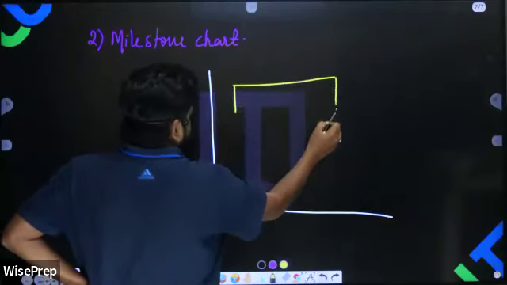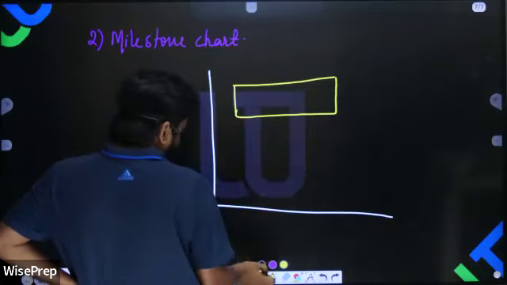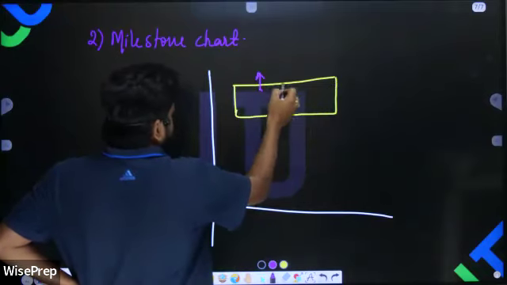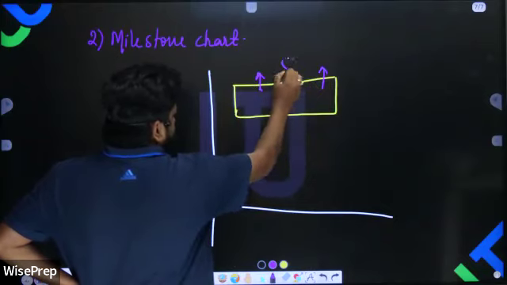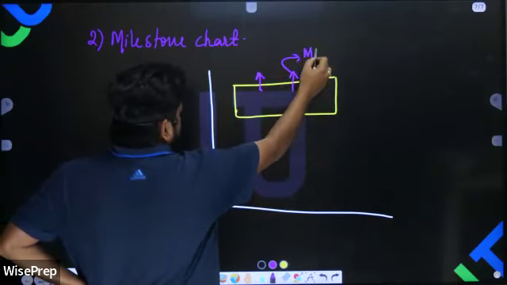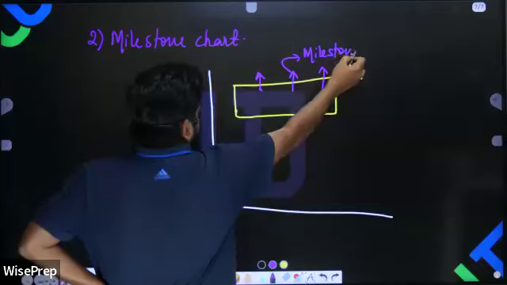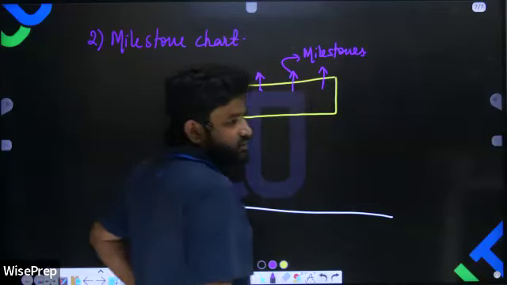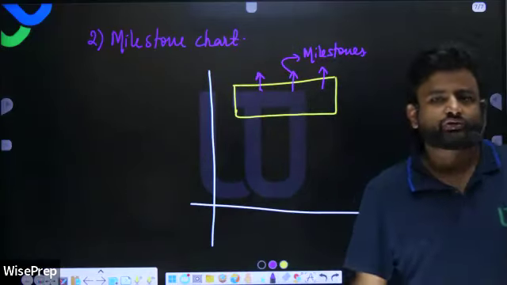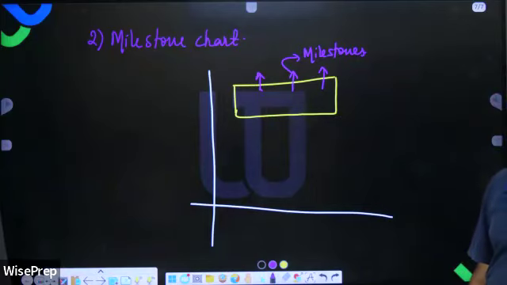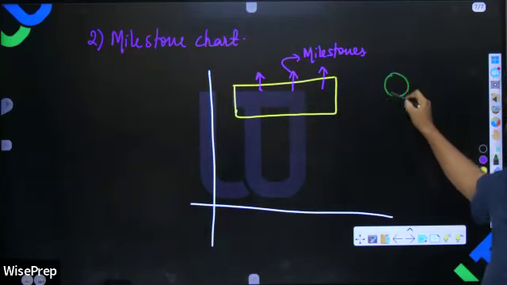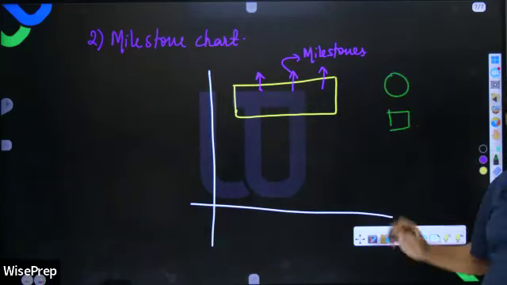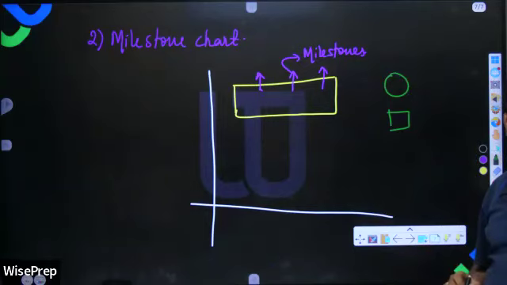Suppose this is a bar of any activity. If I'm saying this sub activity is defined by this arrow mark, that's known as milestones. So apart from arrow, these milestones can also be shown with the help of a circle, rectangle or square on the bar of that particular activity.